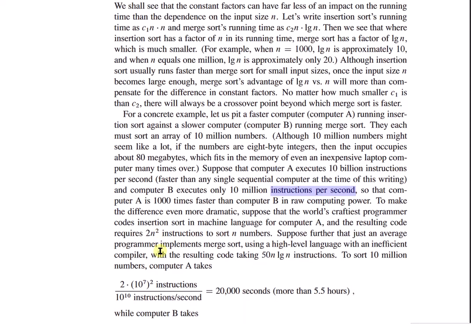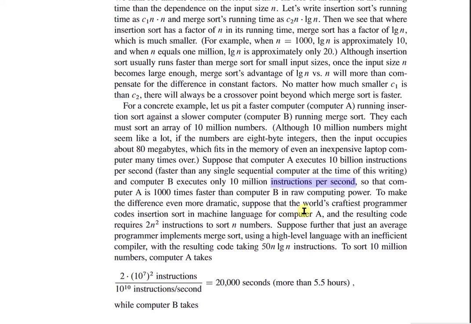To make the difference even more dramatic, suppose that the world's craftiest programmer codes insertion sort in machine language for computer A. Usually we use high-level languages for coding and implementing designs, but machine language is the language understood by the computer, and every program in the end gets converted to machine code or binary code.